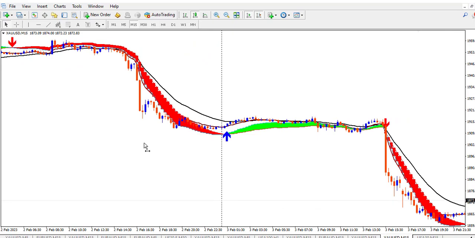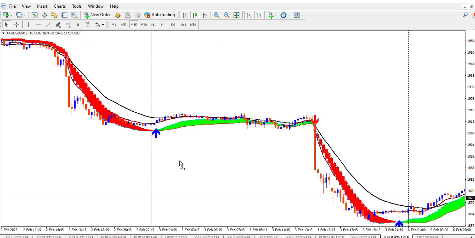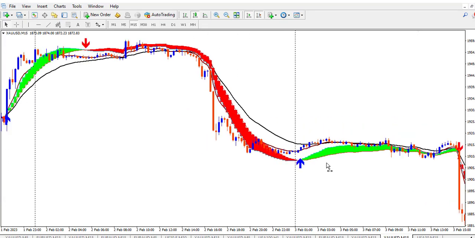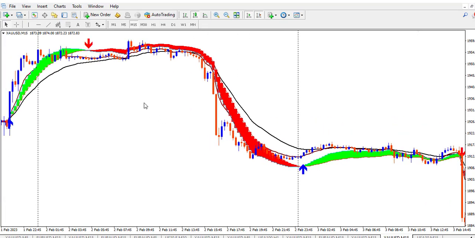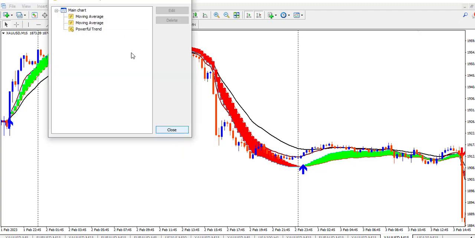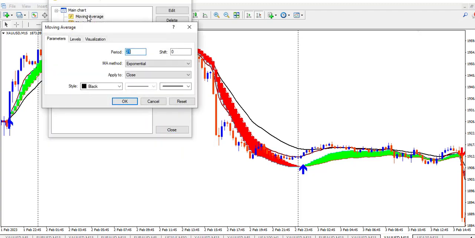Now let me show you the settings and the moving averages that I use for this particular strategy. This strategy is for MT4, MetaTrader 4, and the moving average I use is MA, the period is 21, and the MA method is exponential, applied to close.